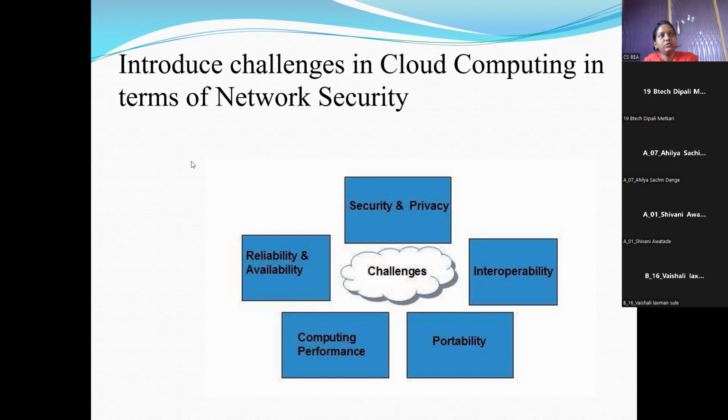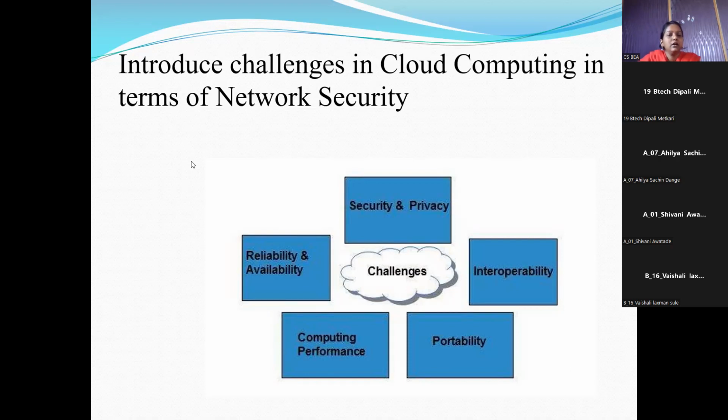Now I want to shift it to another server, say, for example, Microsoft Azure or any other platform. This is one of the challenges in networking, that is shifting your data from one cloud to another. That is nothing but portability here, and that is also one of the biggest challenges nowadays.